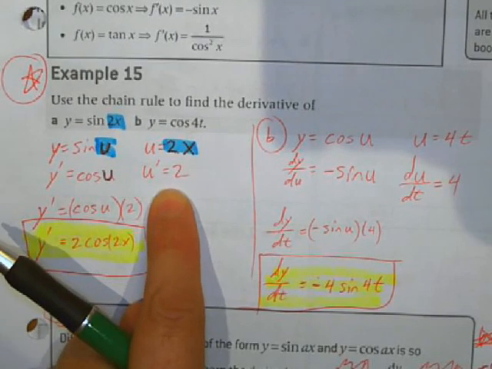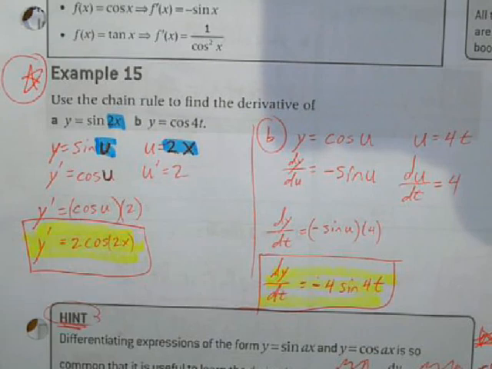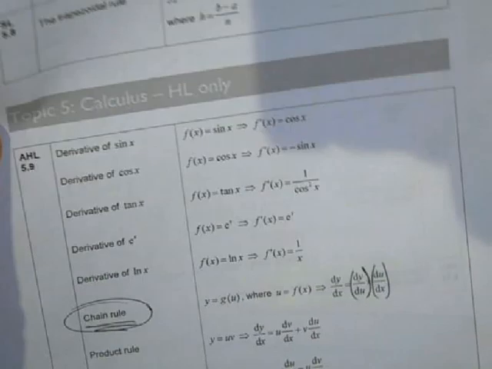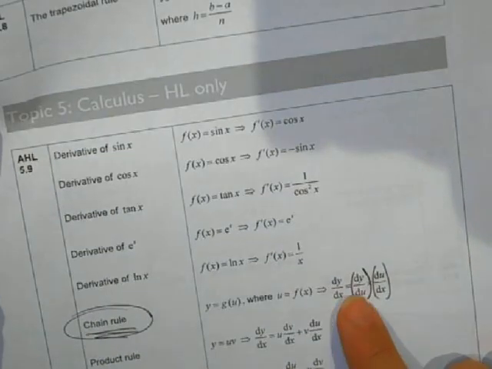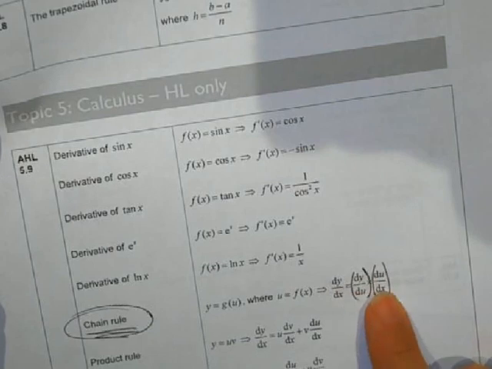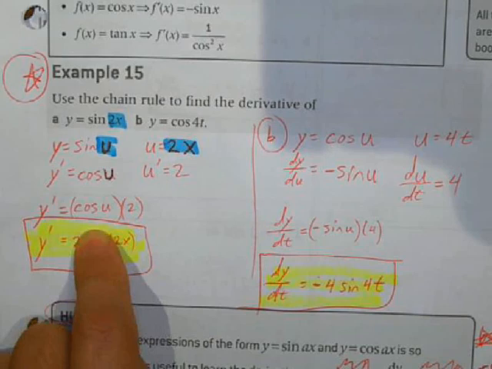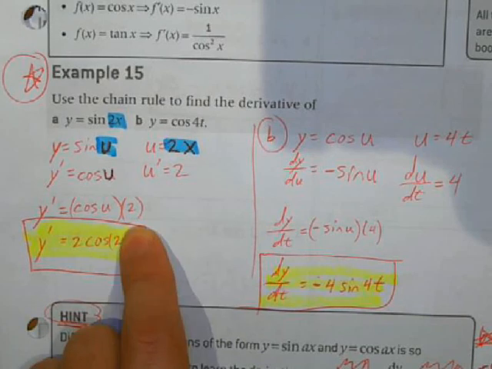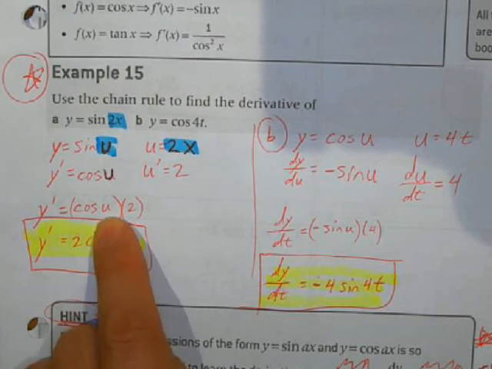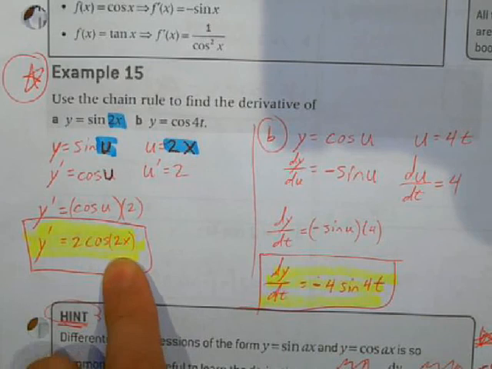And so from the chain rule, you should remember dy dx is equal to dy du times du dx. So dy du is cosine u, and du dx is 2. And then I replace u with 2x, and we get this.